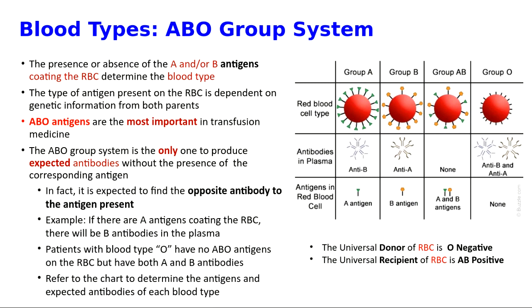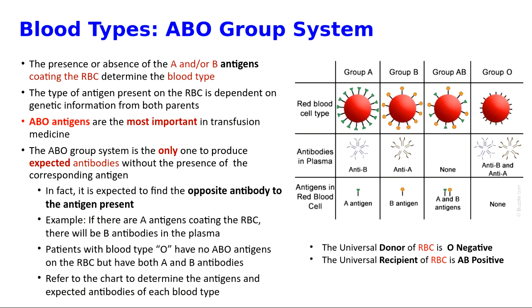So you can either have A antigens, B antigens, both A and B antigens, or neither of them. You're going to see it on the chart on the right, with the different schematics. Group A has those little sucker-like cups, green, coating the red blood cell, right? That is just to give you an idea: this patient has A antigens, so is group A.